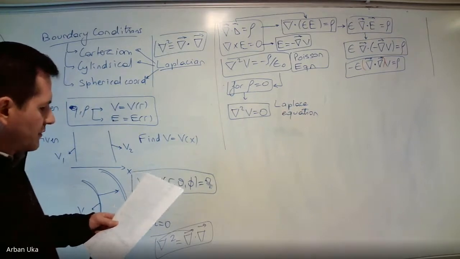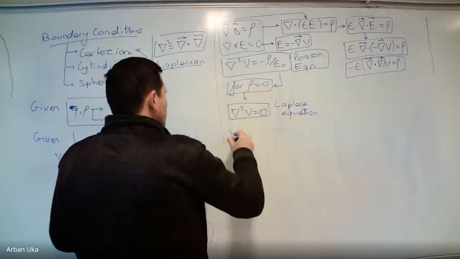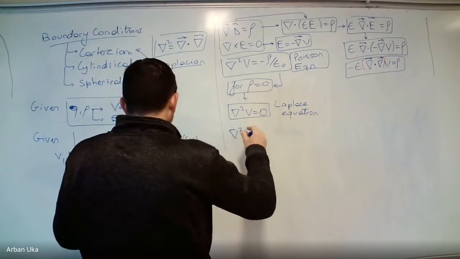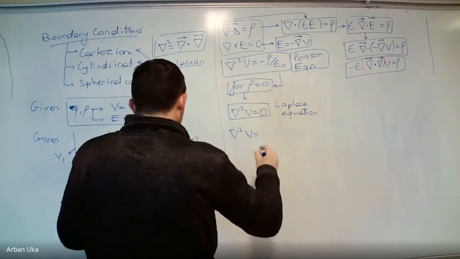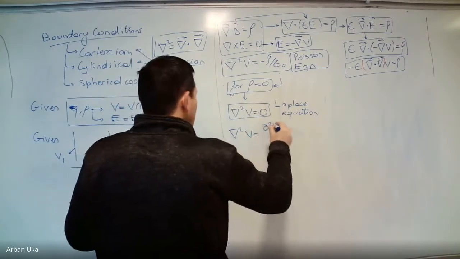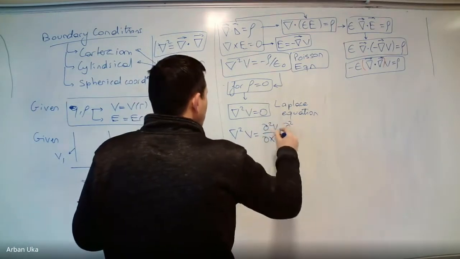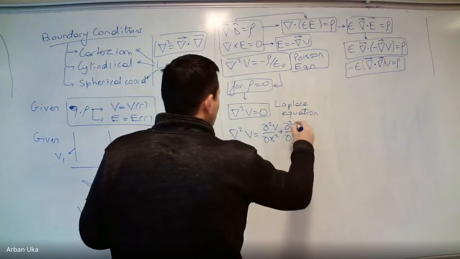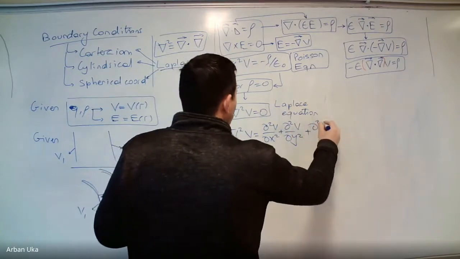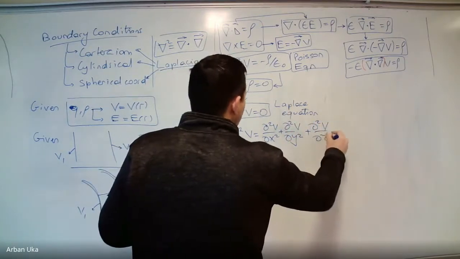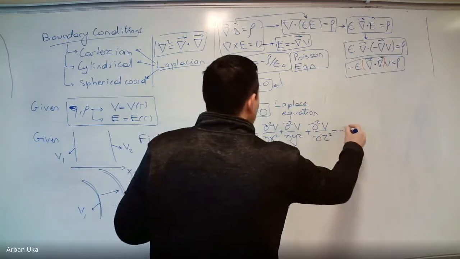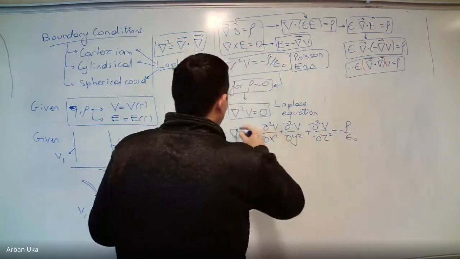We probably don't need to write all of them on the board, because you can check the cheat sheets, but as a small reminder, the Laplacian operator in the Cartesian coordinate system looks something like this: the second derivative with respect to x of V, plus the second derivative with respect to y of the potential, plus the second derivative of the potential with respect to z. This is equal to minus rho divided by epsilon 0.